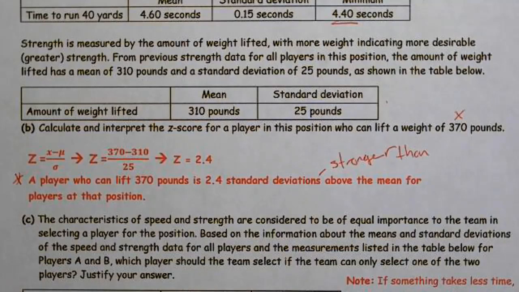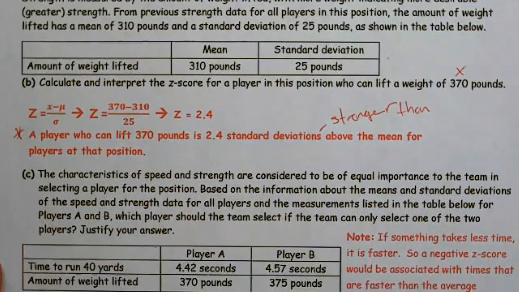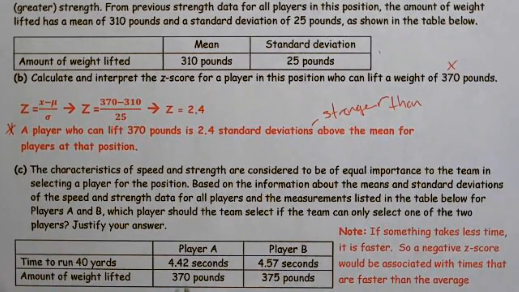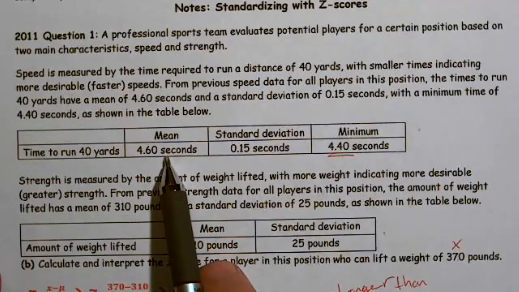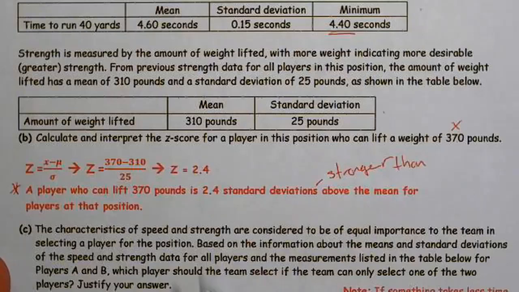Let's talk about speed. We have 4.42 speed for player A and 4.57 for player B. And we know that the mean is 4.6 and the standard deviation is 0.15.